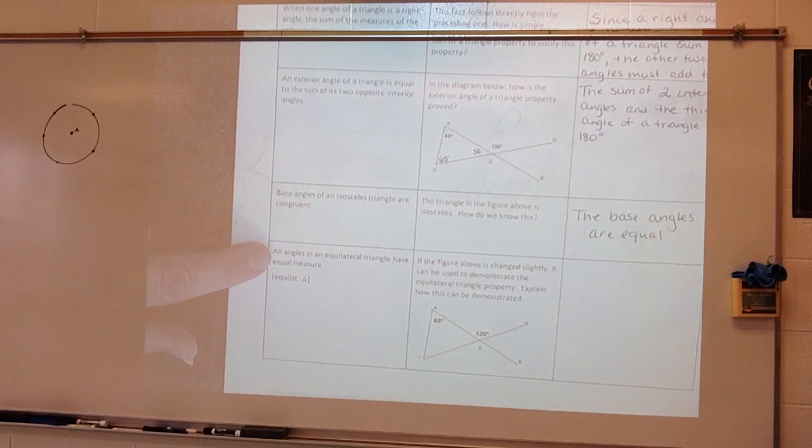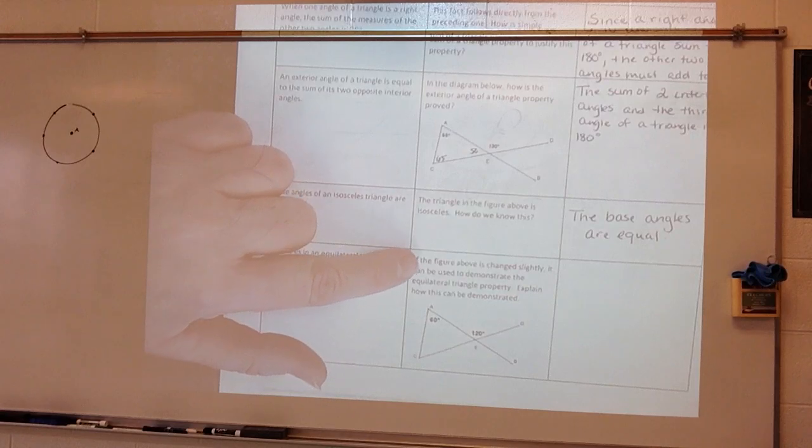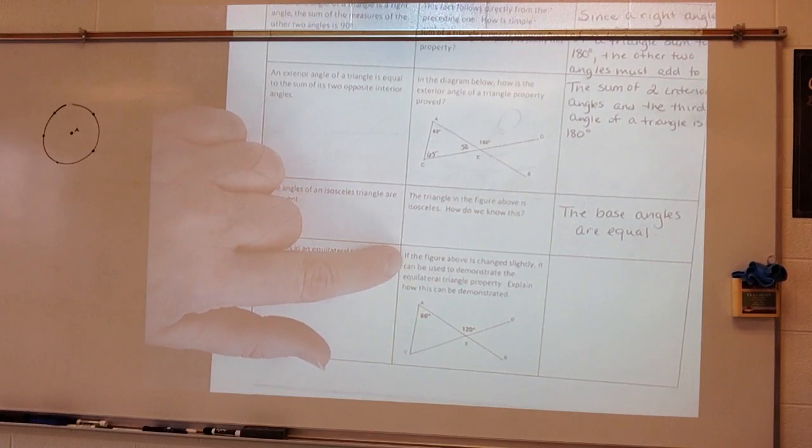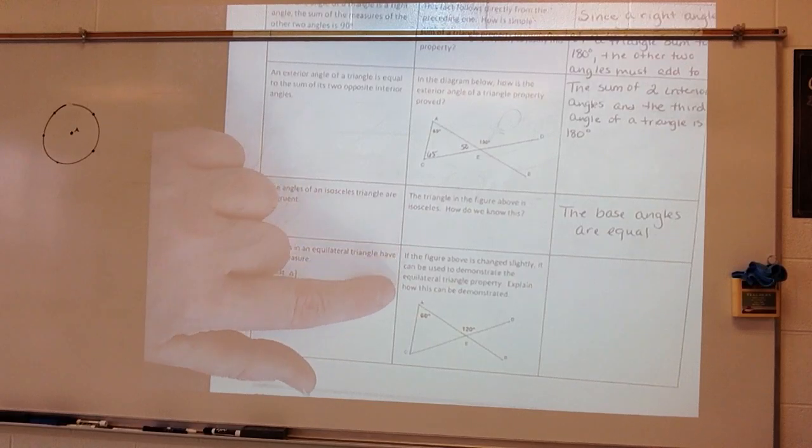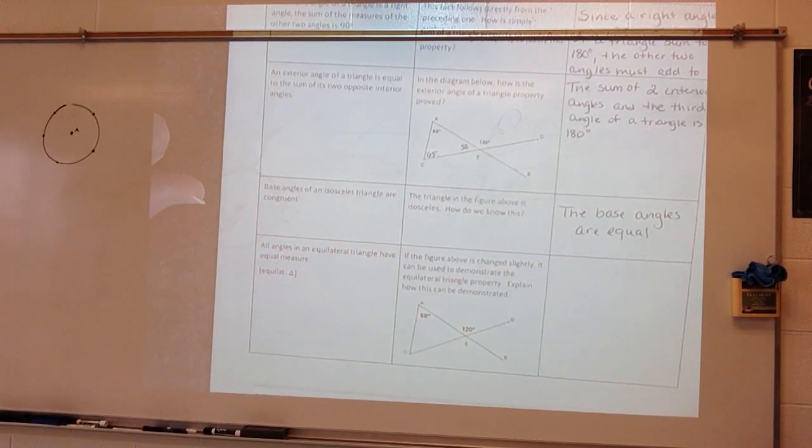All angles in an equilateral triangle have equal measures. If the figure above is changed slightly, it can be used to demonstrate the equilateral triangle property. Explain how this can be demonstrated.